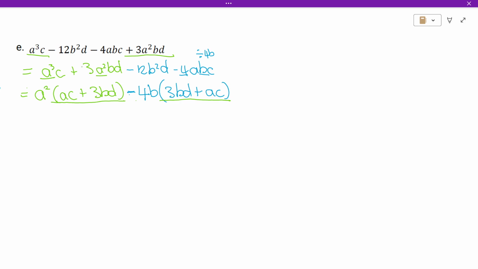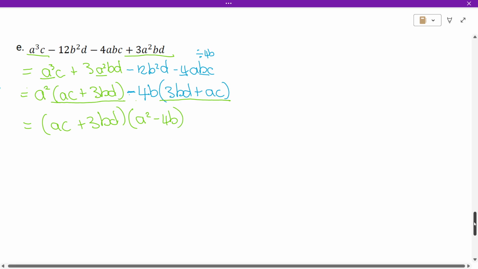It's positive ac and positive 3bd, so you can essentially call it the same bracket. So let's write out that same bracket in front, and then we have in another bracket, remember to put the brackets right next to each other, a squared minus 4b, and that is your final answer there.